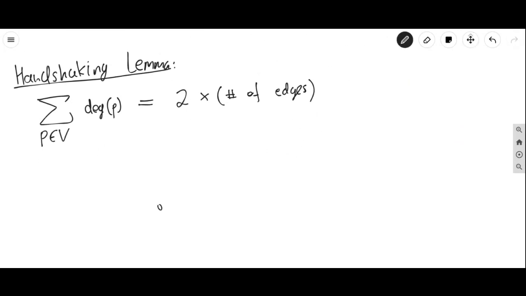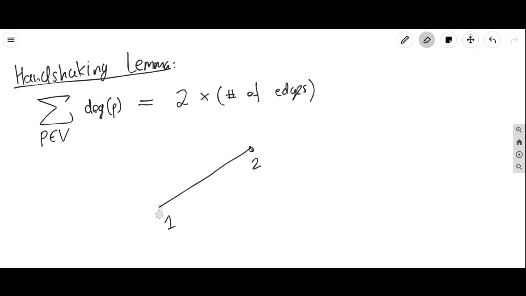And the reason is quite simple. Let's say you have 2 people, person 1 and person 2. How many hands did this person shake? These 2 people shake hands. So this person shook his hand, and this person shook his hand. In total, how many handshakes took place? 2.